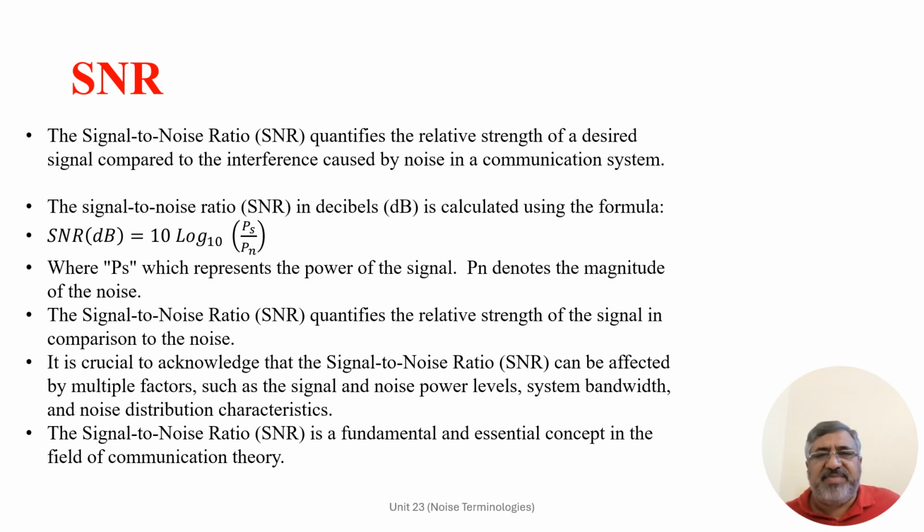SNR is a very critical parameter in a communication system and it directly affects the system performance, including the error rate and the achievable data rate. A higher SNR generally leads to better communication performance, allowing for higher data rates and lower error rate.